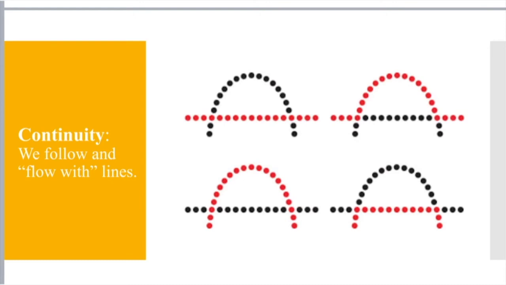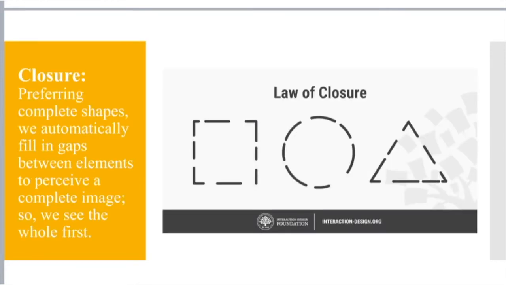Here we have a continuous line, and here we have a continuous line. And so based on that continuity, we flow with the lines. And just inherently, if all of these were the same color, we would probably perceive this as one line and this as one line just based on our Gestalt principle of continuity.